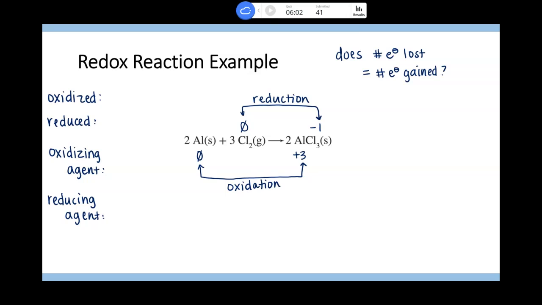When we're labeling what is oxidized, that is the individual atom. So what is oxidized in this case is aluminum. What is reduced is chlorine.